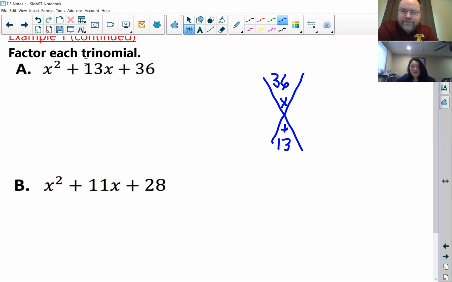And again, if you're not sure what those numbers are, make a list. Here are my factors, 1 and 36. They don't add to 13 though.